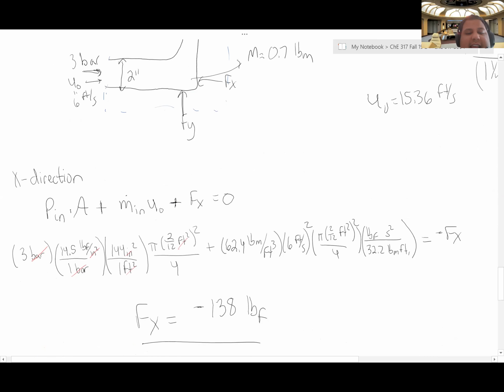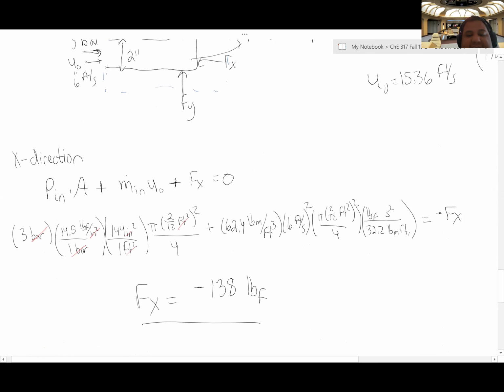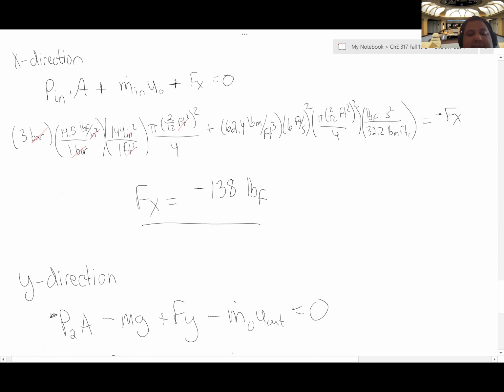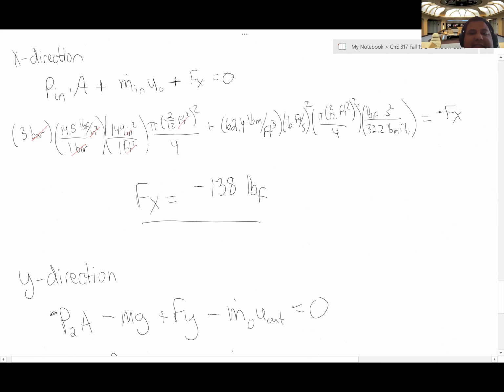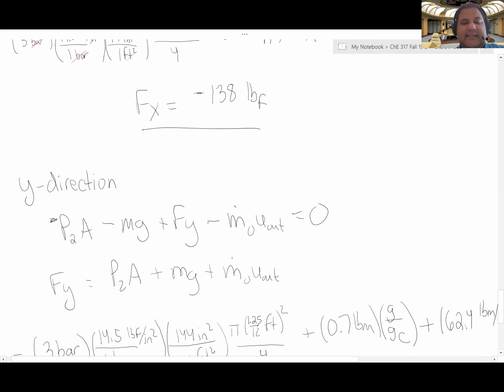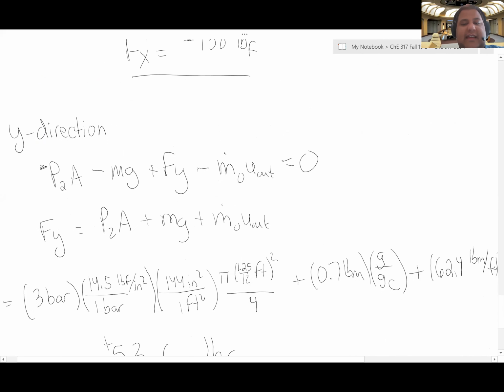And so what I'm saying is, if that's the case, there has to be some sort of restoring force. And by putting in this placeholder Fx and Fy, I can identify, one, is there a restoring force necessary? Because if I do all these calculations and Fx is 0, that means the system's balanced without a resisting force necessary. And if it's not 0, that tells you the magnitude and direction necessary to keep that elbow in place.